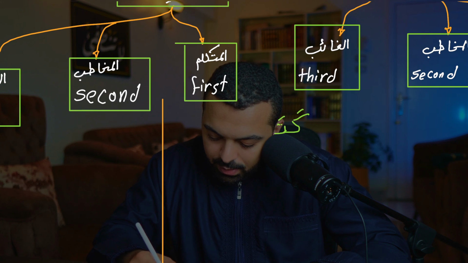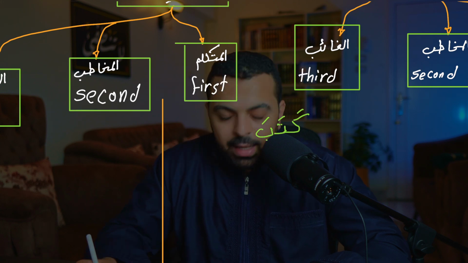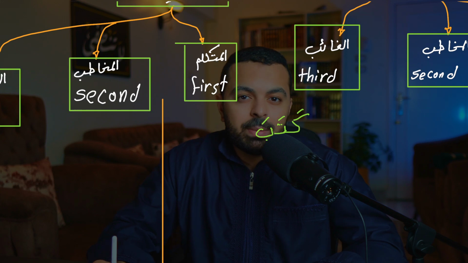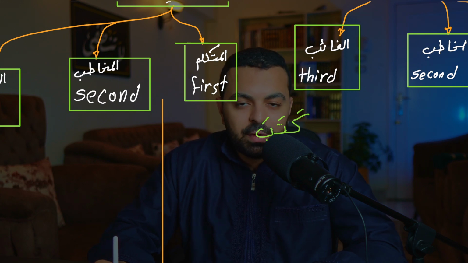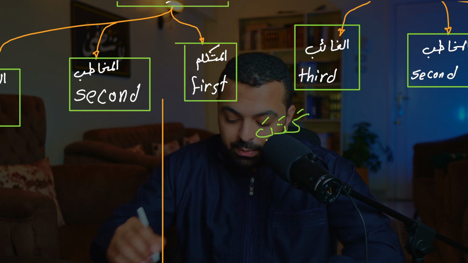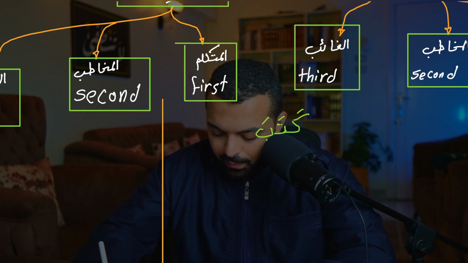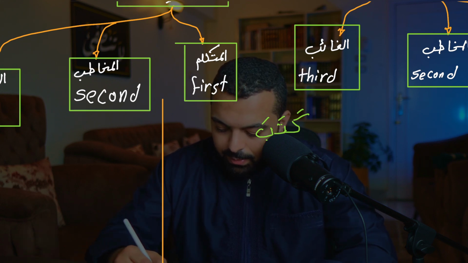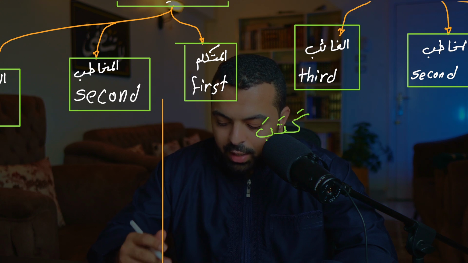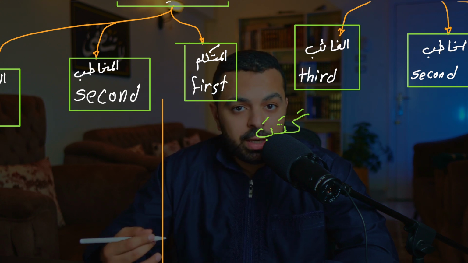We're going to talk about the past tense verbs later in detail, but bear with me, okay? كتب means he wrote.